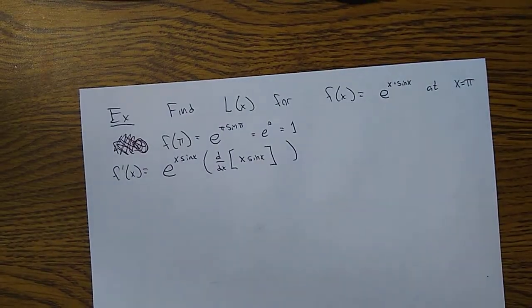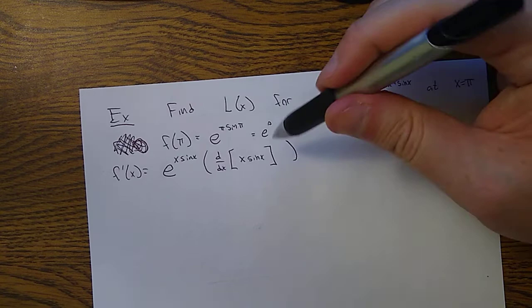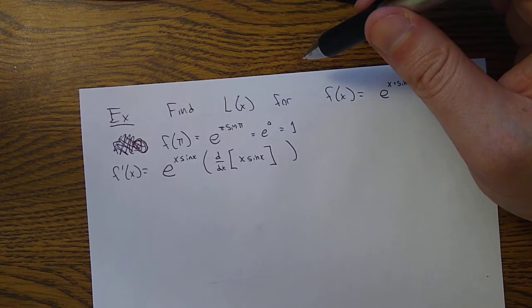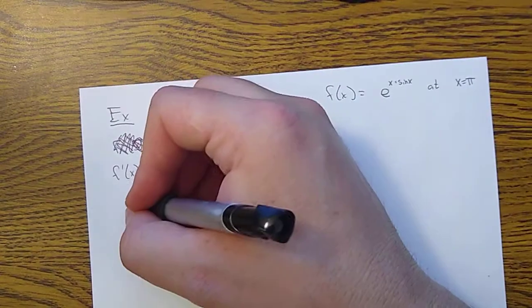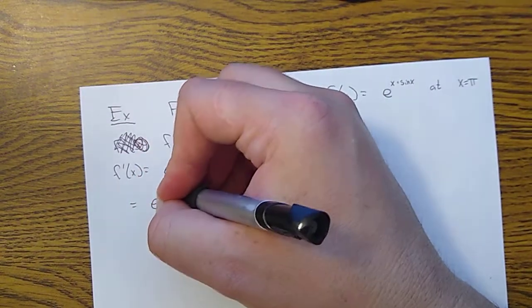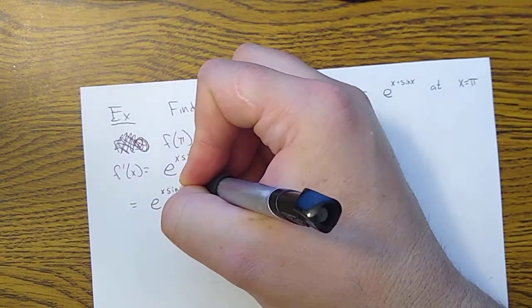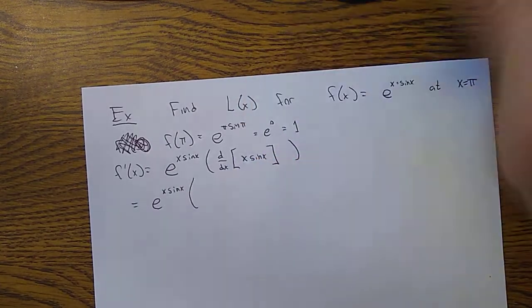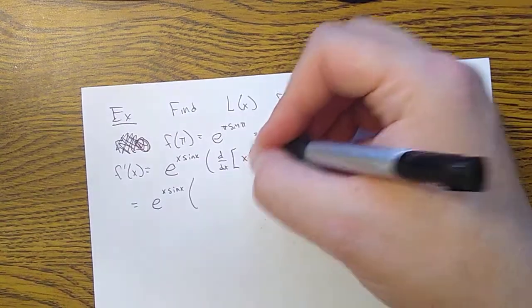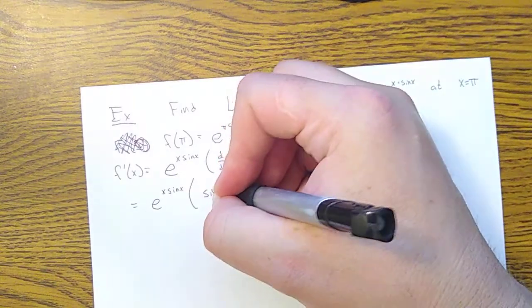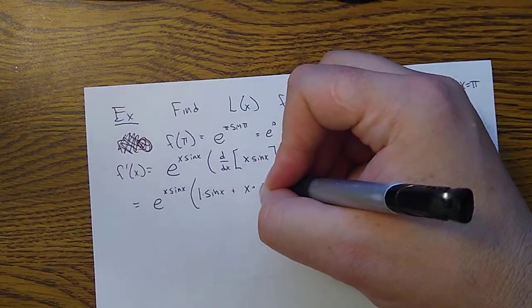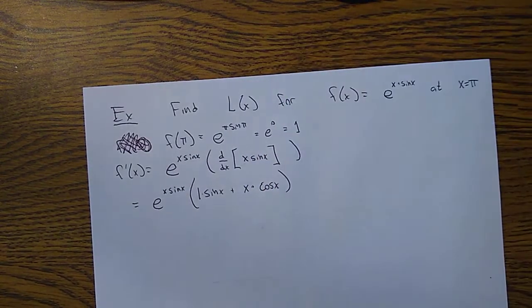I don't even want to worry about what that derivative is right now. I just want to do one thing at a time. Of course, the very next thing I have to do is worry about what that derivative is. But this is a product rule. So derivative of x is 1 times sine x plus x times derivative of sine x, which is cosine x. So there we go.